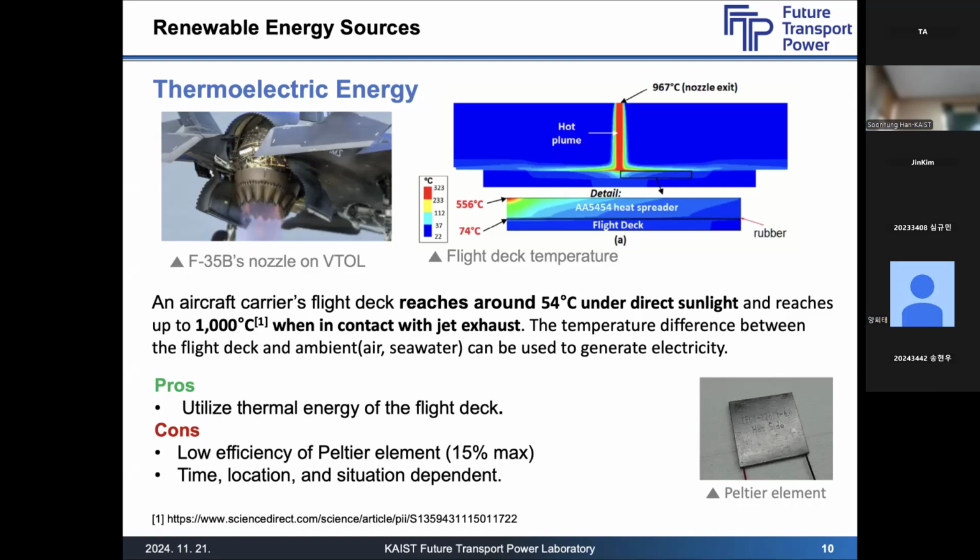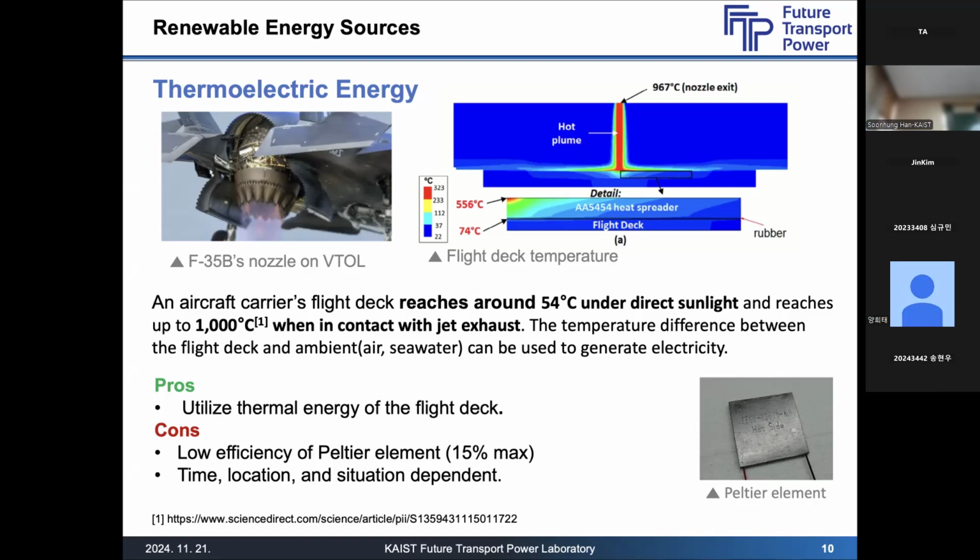However, the Peltier element that is used to convert the thermal difference to electricity has such a low efficiency, 50% max. So we might say that it's not very energy efficient. And it is heavily time, location, and situation dependent.